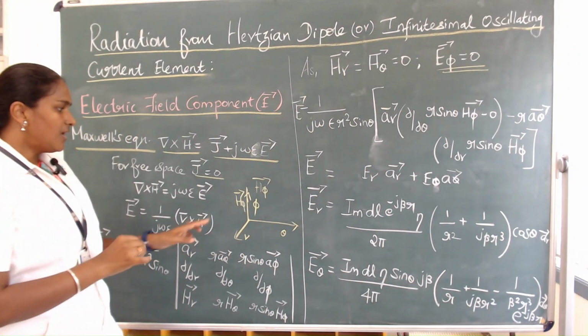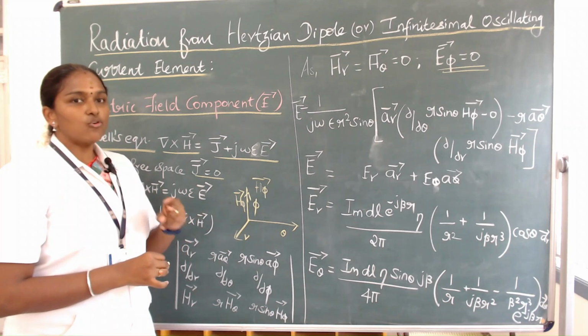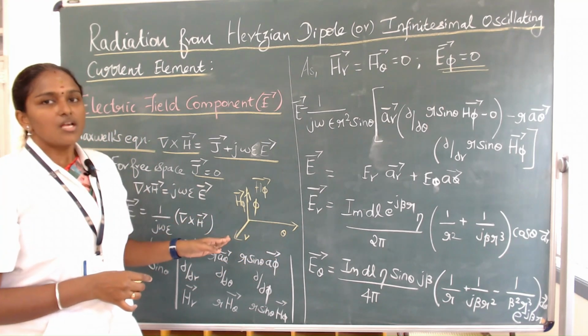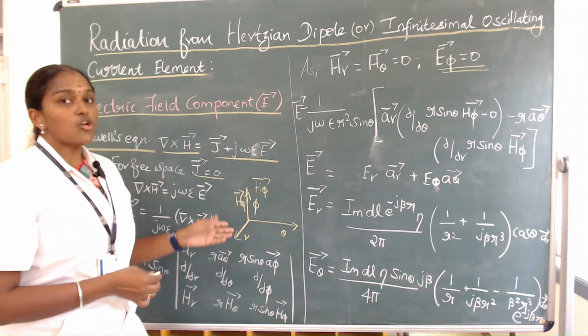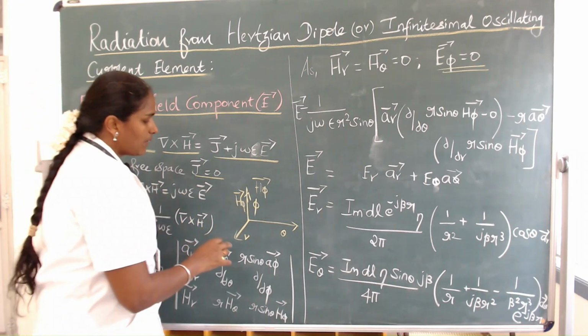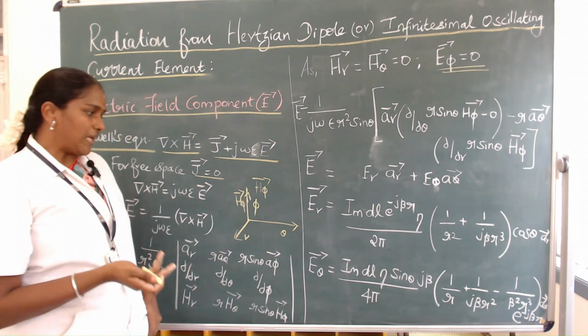Orthogonal to H, we have two more directions, that is r and θ. In either of these two directions, or in any one of the directions orthogonal to the φ direction, the E field will be present. So the E field will be present either in the r direction or the θ direction, and that is what we are going to obtain here.